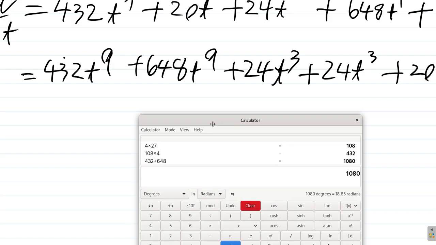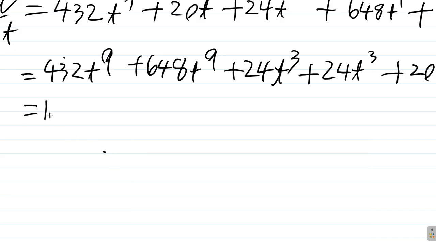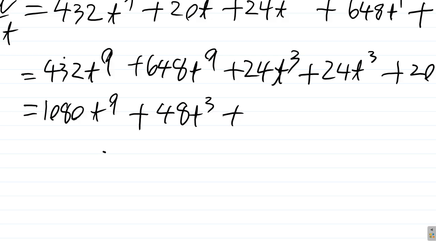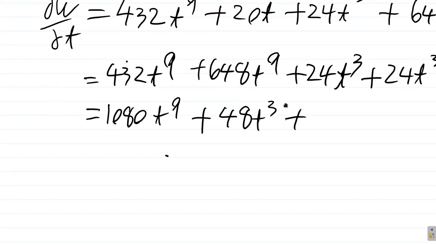So we have 1080 t to the 9. So this is 1080 t to the 9 plus 24 and 24 is 48. 48 t to the 3 plus 20t. So that is what we have for our answer. Alright?